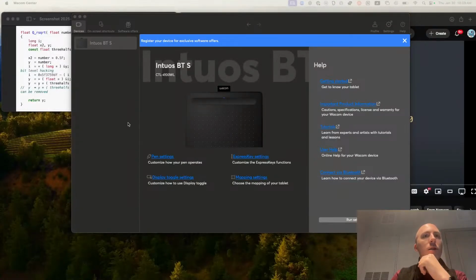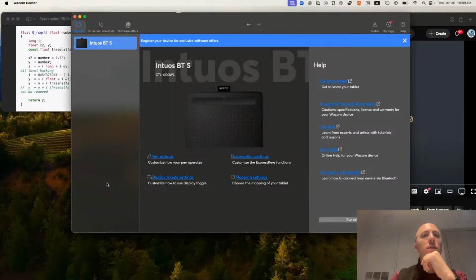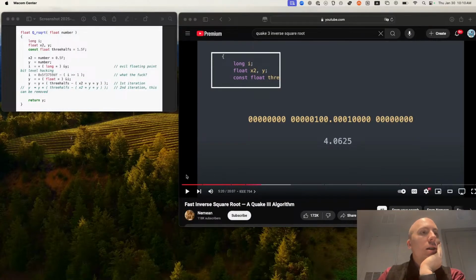Yeah, see, there we go. Okay, this thing. Plugged it into another port and now it detects it. Let's see, all right, yeah. Okay.